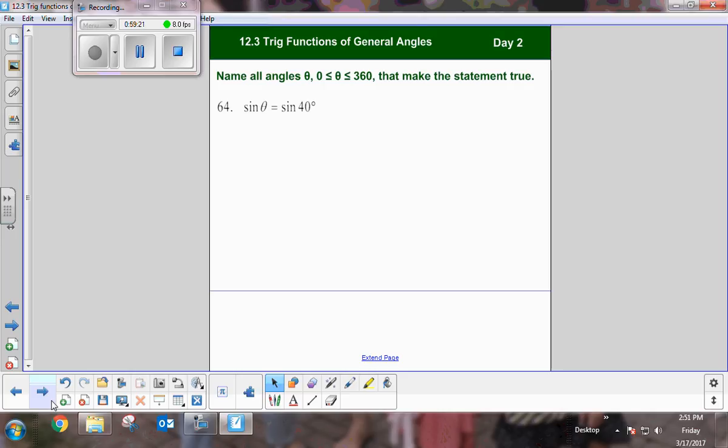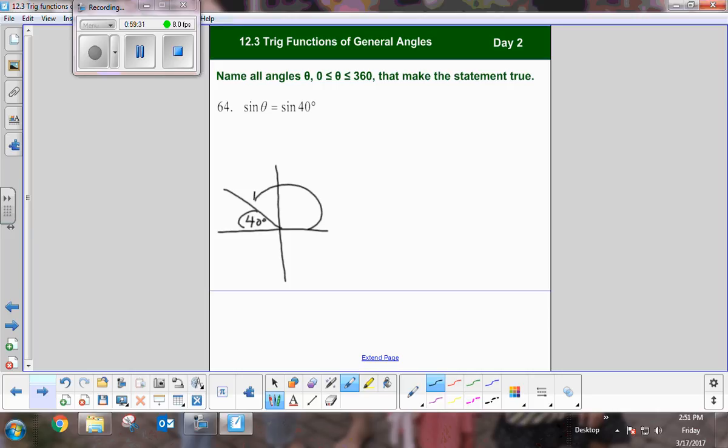Quadrant 2. So sine's positive. So I just want to know if this is my reference angle in quadrant 2, what is this angle? This is 140. So the sine of 140 degrees is the same as the sine of 40 degrees.